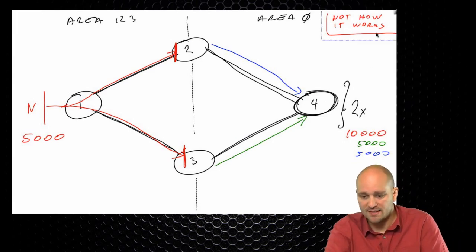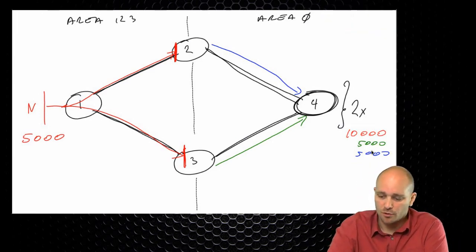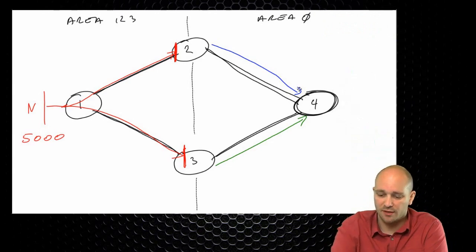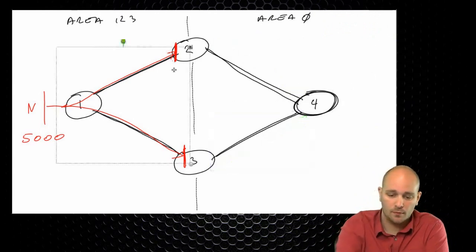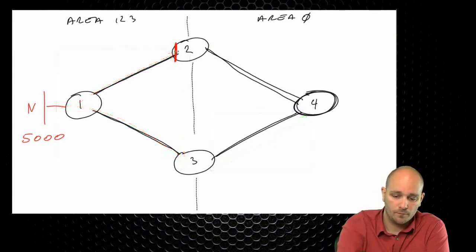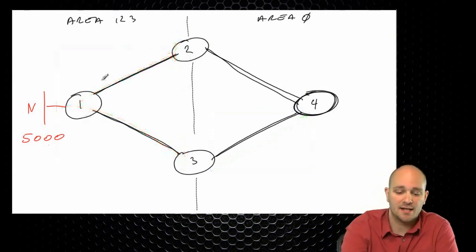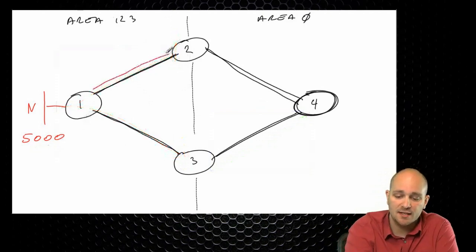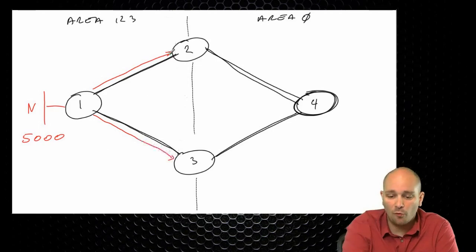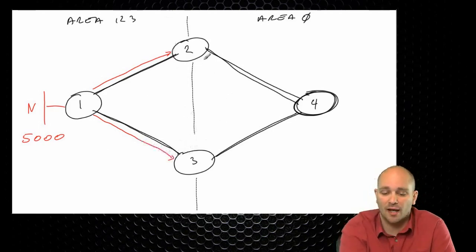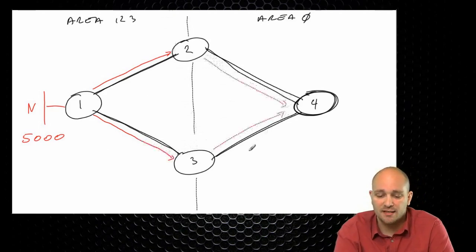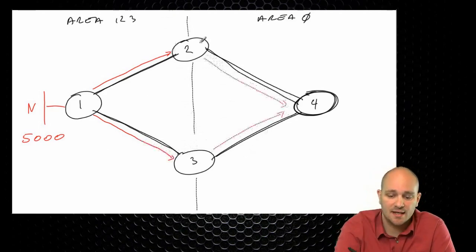So let's examine that. I'm going to delete all this stuff here that is unnecessary. So let's say that R1 here is injecting 5,000 LSAs. These 5,000 LSAs are going to be sent to R2 and R3. Now remember that before we actually send out the actual LSAs, R2 and R3 are going to send the information that these LSAs exist.